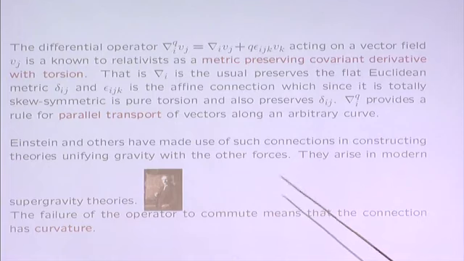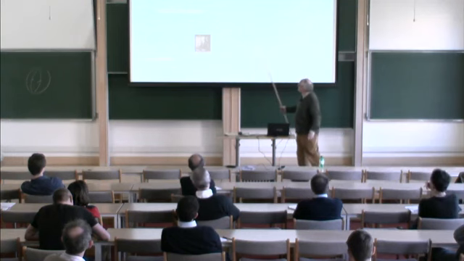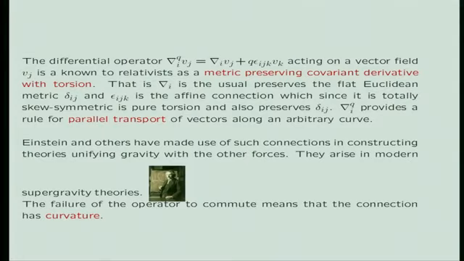And this bit is part of what's in the literature called an affine connection, which is antisymmetric on its indices, in fact all of them, and so it's pure torsion, as we say. The bit of the connection that is antisymmetric is called torsion, and it preserves the metric.